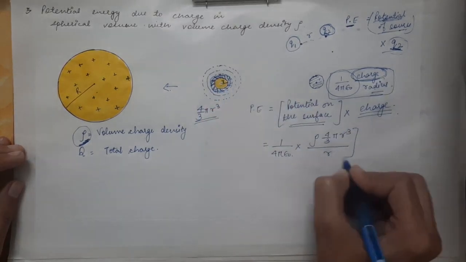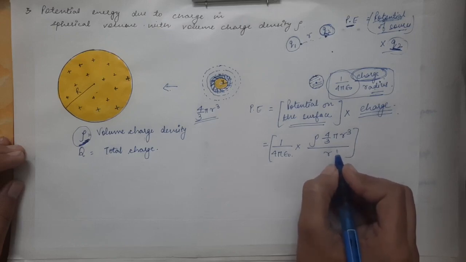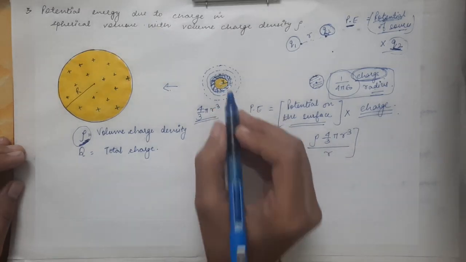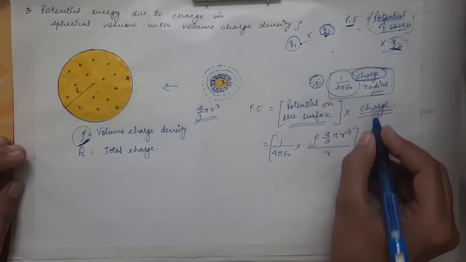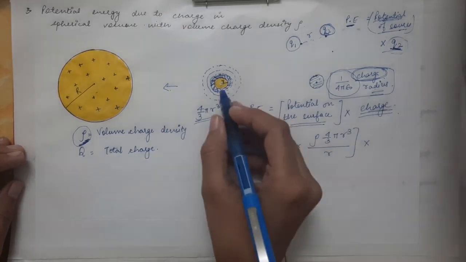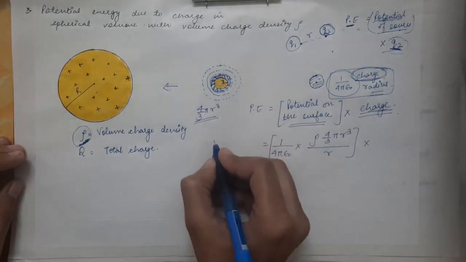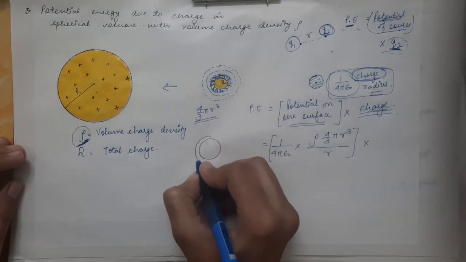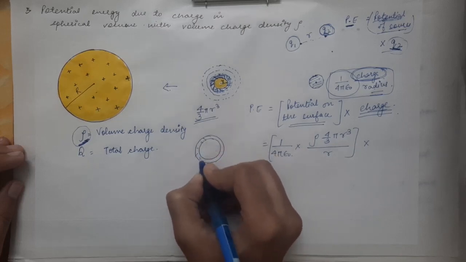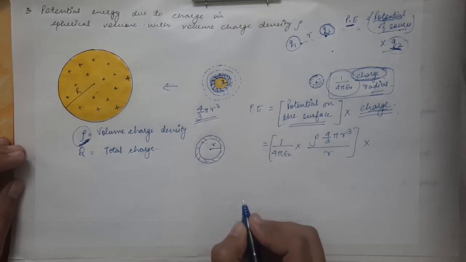So this formula gives us the potential on the surface of the sphere of radius small r, into the charge which you are assembling. So what is the charge on this shell which you are placing? We have to find this charge which is present on this shell. Its radius is r, and we already know how to find the charge.